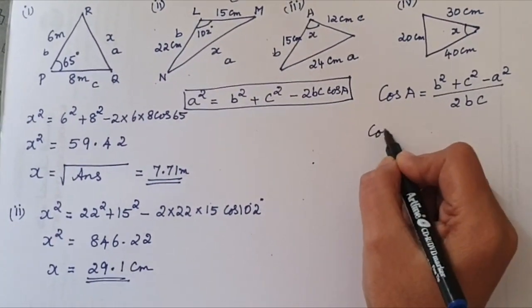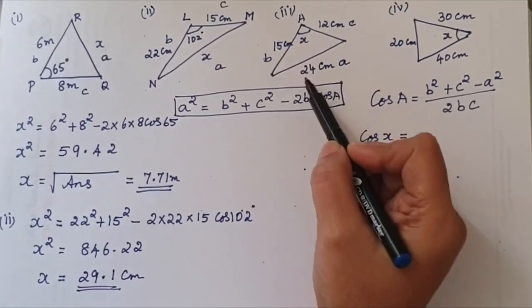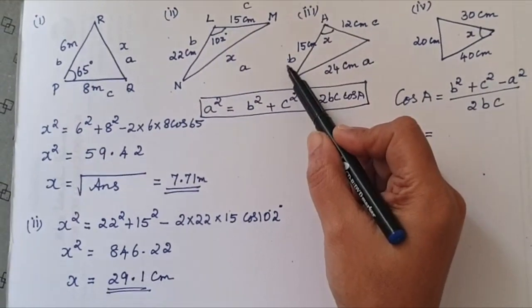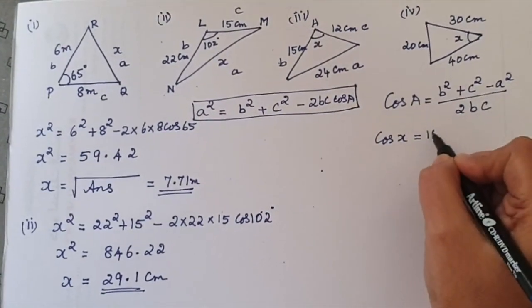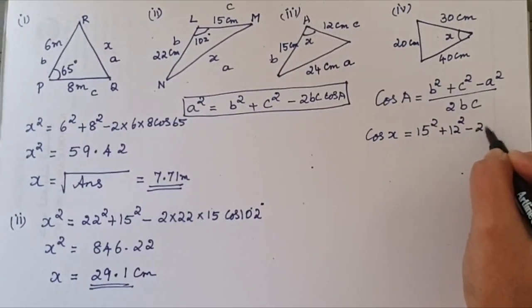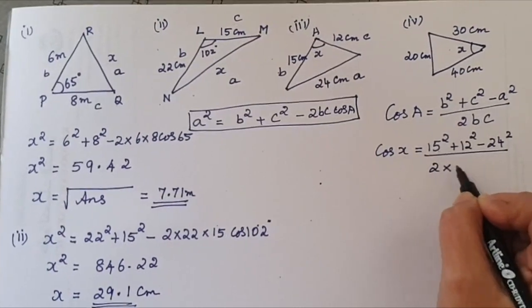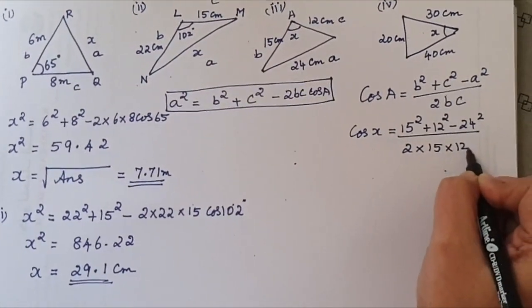So our cos x will be equal to, what is our B now? This is the side B, and this is C. So it will be 15 squared plus 12 squared minus 24 squared divided by 2 multiplied by 15 multiplied by 12.